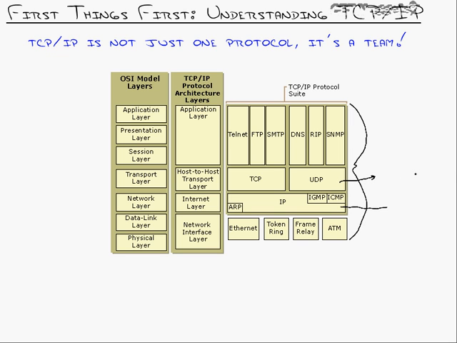You have the TCP and UDP selector, or the choice that allows reliable or unreliable communication. Up here you have the actual applications that make it happen. Things like Telnet, FTP, SMTP, which is responsible for email. All these different application layer protocols that begin and start the whole network communication process.